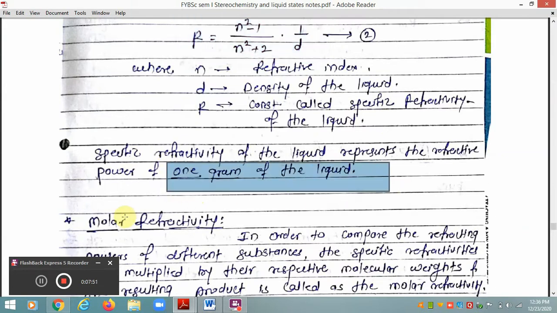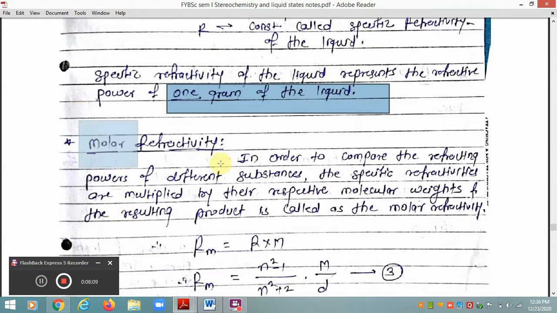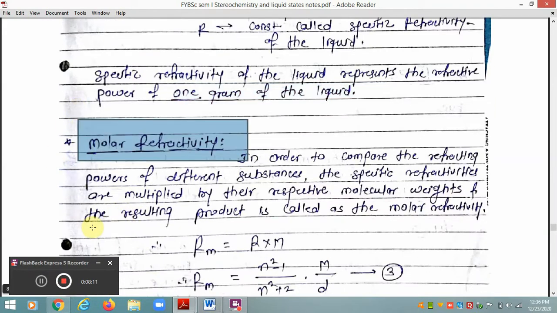It's very important. Sometimes a question can be asked, what does the specific refractivity indicate, or what is the significance of specific refractivity. It represents the refractive power of 1 gram of the liquid, and based upon the specific refractivity we can also define the molar refractivity.